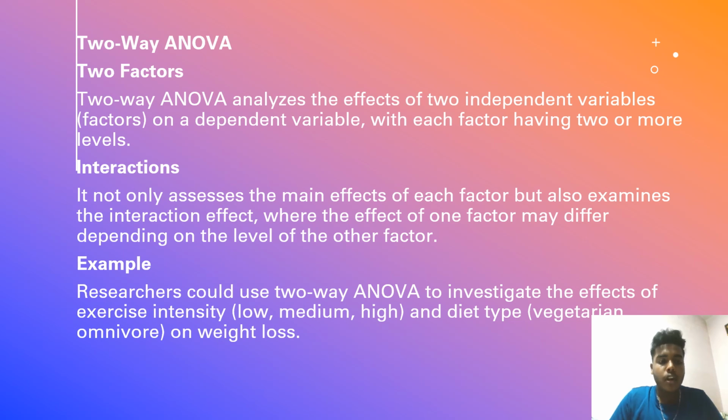It not only assesses the main effects of each factor but also examines the interaction effect, where the effect of one factor may depend on the level of another factor. Example, researchers could use two-way ANOVA to investigate the effects of exercise intensity, low, medium, high, and diet type, vegetarian, omnivorous, on weight loss.